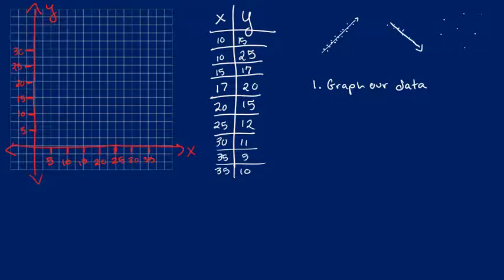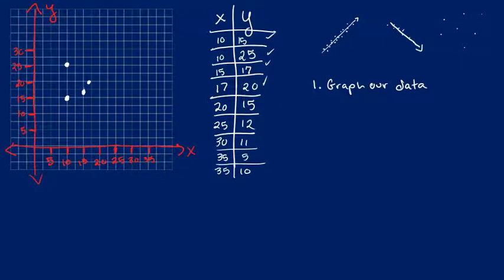So 10, 15, there's our first point. 10, 25. 15, 17, so this one's going to be approximate. That's going to be just about below half. Then 17, 20, right about there.